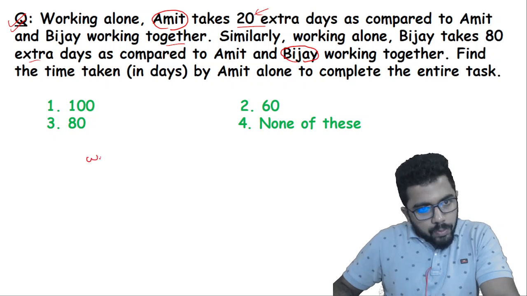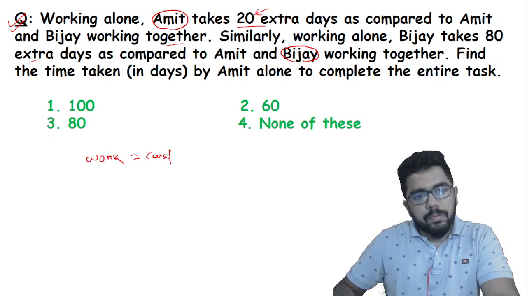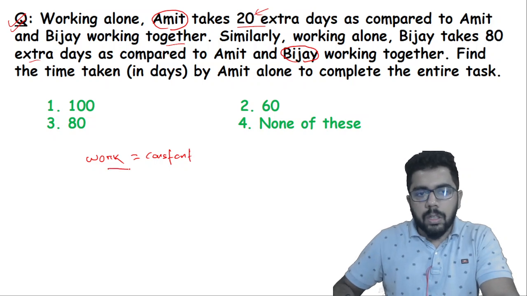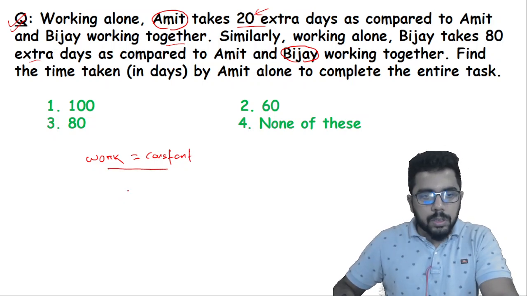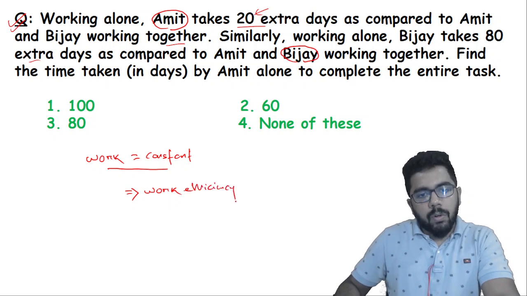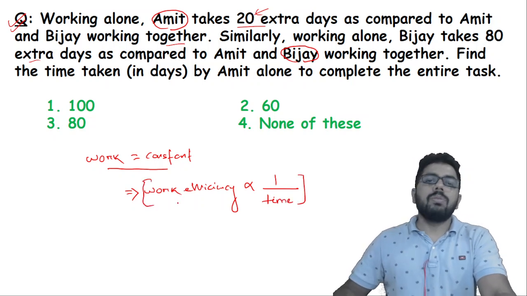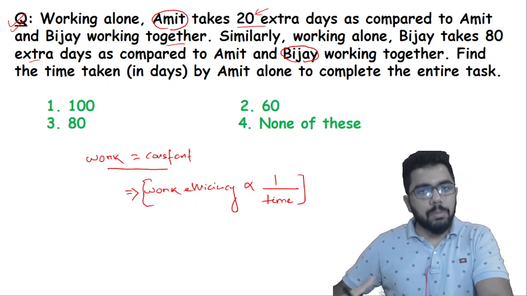So, can I conclude, if work is constant, the amount of work to be done, that work efficiency is inversely proportional to time? This means someone who is more efficient will take less time to complete.